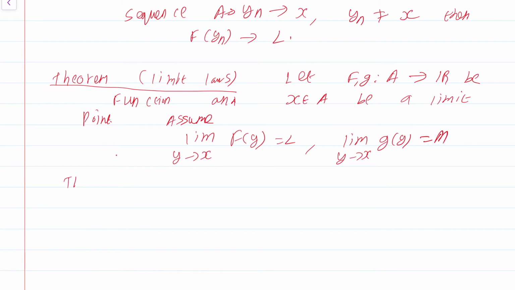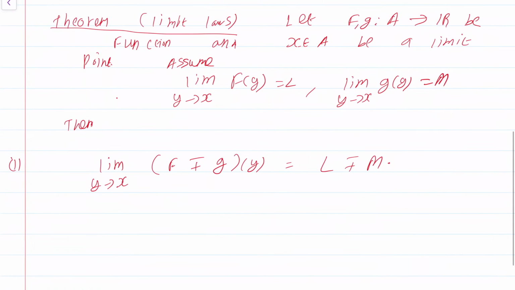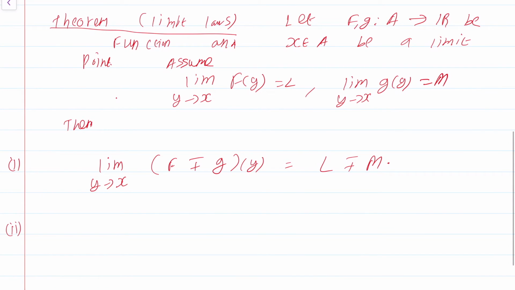Then number one, the limit as y going to x of f plus or minus g of y equals L plus or minus M. Number two, the limit as y going to x of c times f of y equals cL, where c in R is fixed.